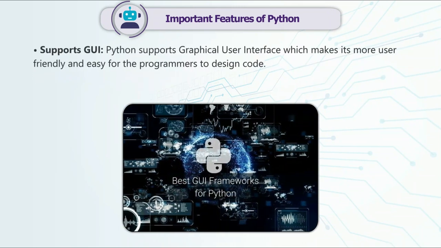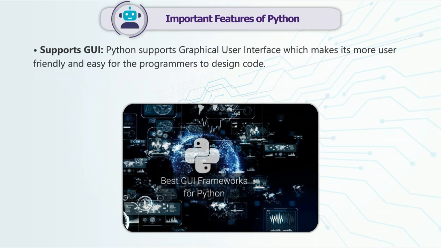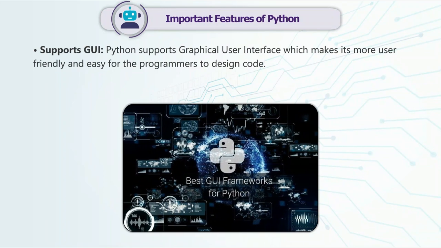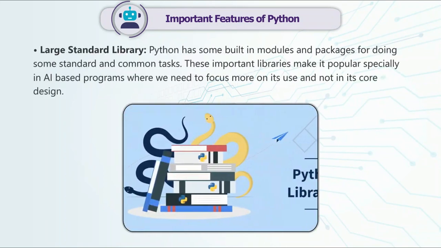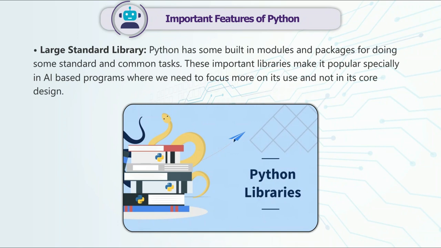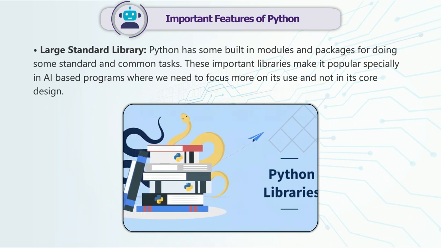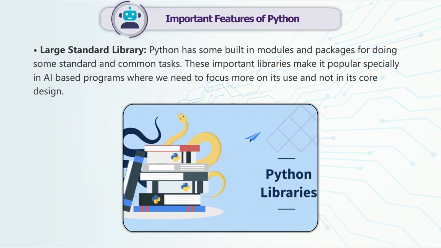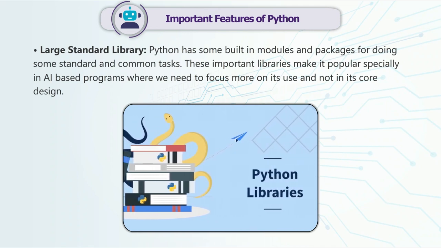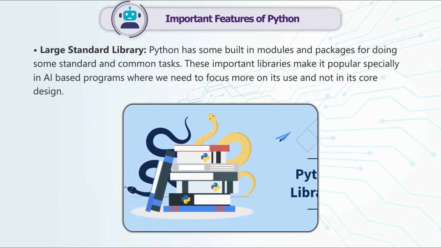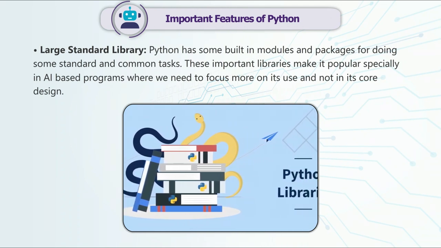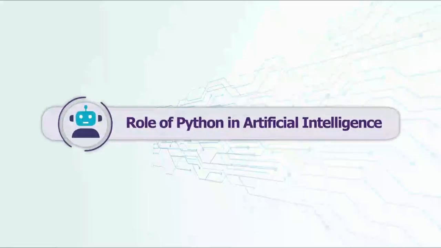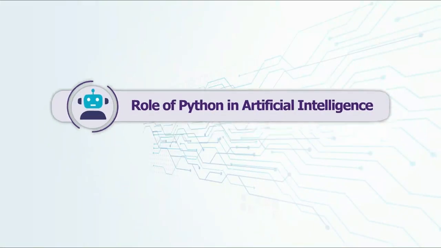Supports GUI. Python supports graphical user interface, which makes it more user-friendly and easy for the programmers to design code. Large standard library. Python has some built-in modules and packages for doing some standard and common tasks. These important libraries make it popular especially in AI-based programs where we need to focus more on its use and not in its core design. Role of Python in artificial intelligence.